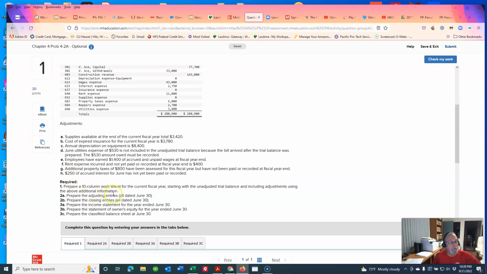And let's take a quick look at what the requirements are. Requirement 1 is prepare a 10-column worksheet for the current fiscal year, starting with the unadjusted trial balance and including adjustments using the above additional information. So those would be these A through H. And so we'll have to take these one at a time. Requirement 2A, prepare the adjusting entries, all dated June 30th.